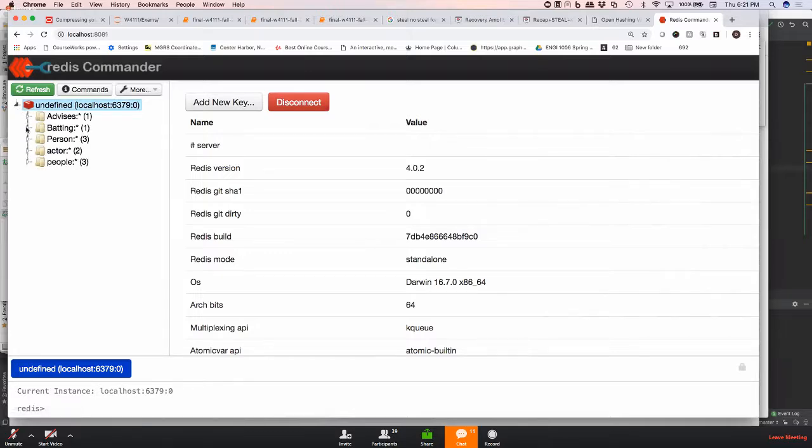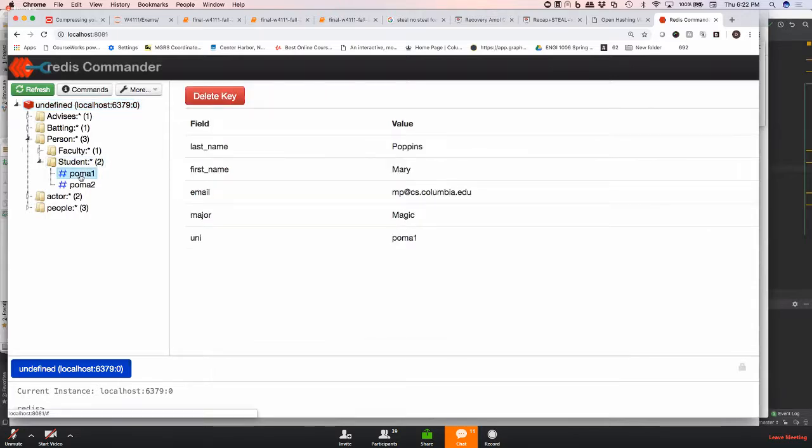If I pick a specific one, all of the properties are in that one key entry. So technically, the way to think about this is that this is like the one table solution.